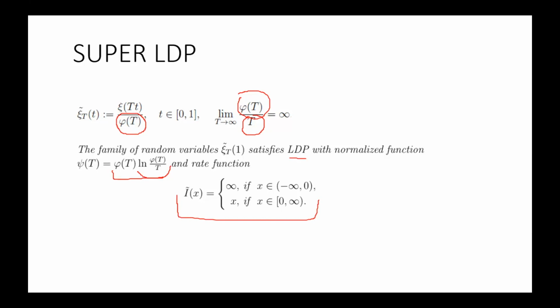So here we do not need the third condition. It holds for all types of catastrophe, because the super large deviation principle does not feel the specific distribution of catastrophe size.